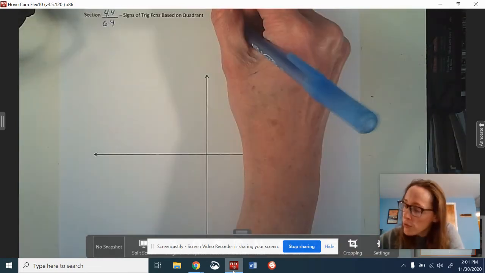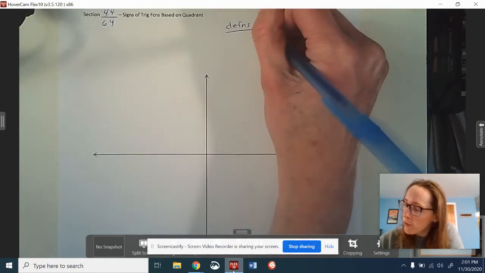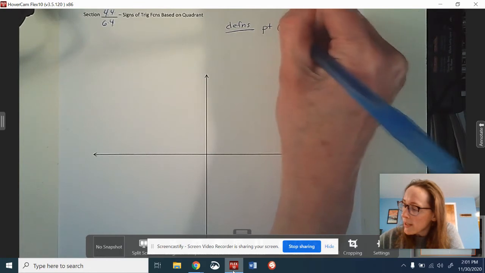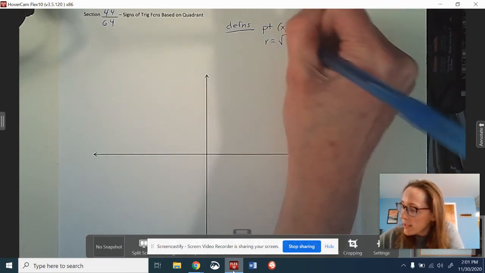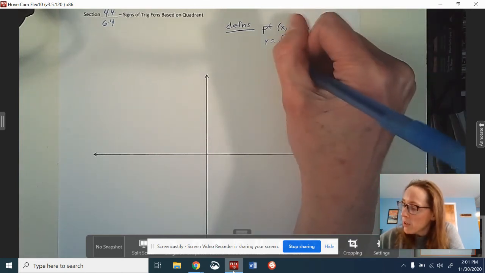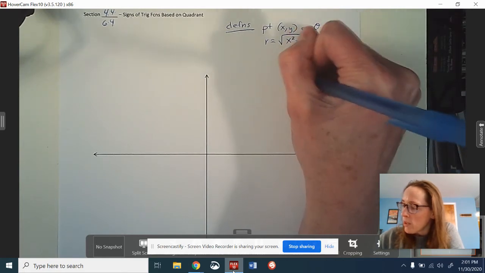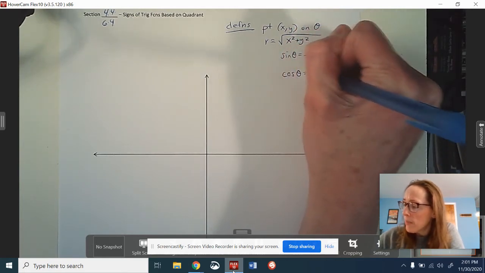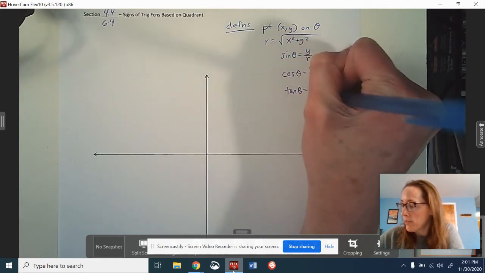Just to review real quick, the definitions that we learned are that for a point (x, y) on the terminal side of theta, and r as the square root of x squared plus y squared, r is always positive. The sine of theta's new definition is y over r. SOHCAHTOA is still good, guys. It's going to come back. But for now, we're going to use these new, more powerful definitions.